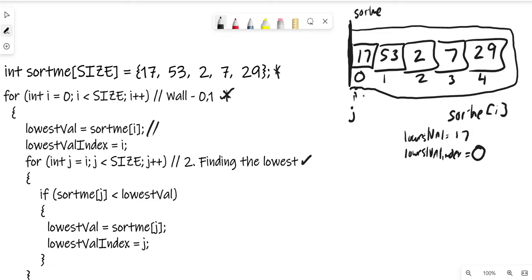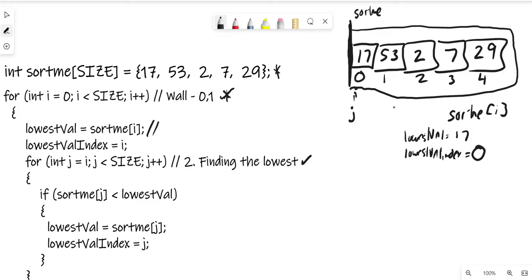Which means that j will not have to start over at the 0th index. It's going to move with i as a starting index. The only difference is, and you'll see in the second traversal, that when i stays still, j moves, right? It has to go through the whole array, okay?